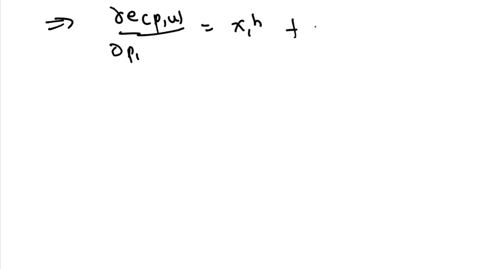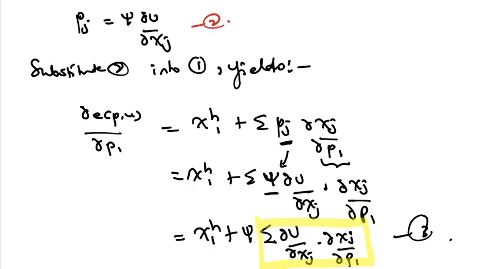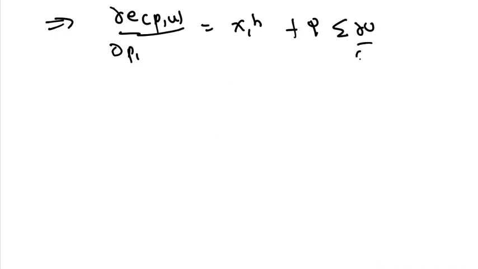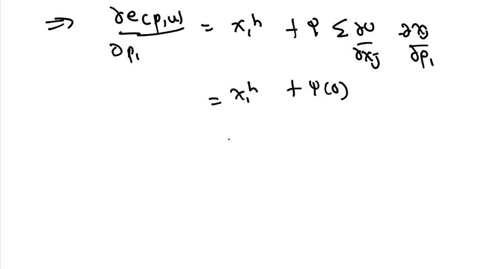So it becomes, after we substitute it, ∂E/∂P1 equals x1h plus C times the summation of ∂U/∂xj times ∂xj/∂P1, which is x1h plus C times 0, equals x1h.